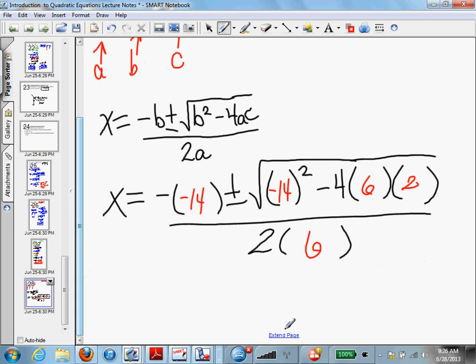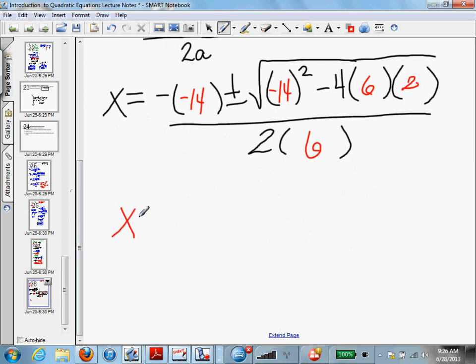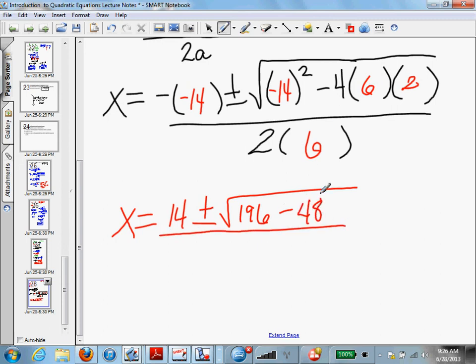Let's go through and simplify. So we have x equals a positive 14 plus or minus negative 14 squared will be 196 minus 4 times 6 times 2, it's 24 times 2, or 48, over 2 times 6, which is 12.